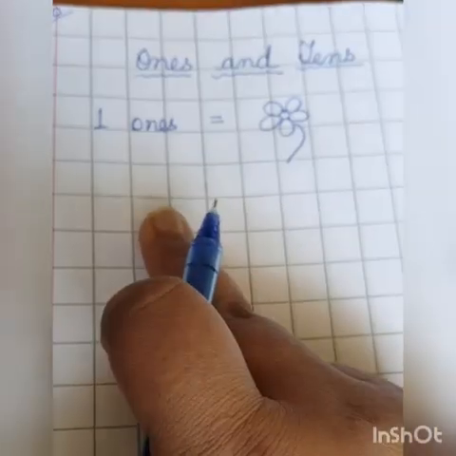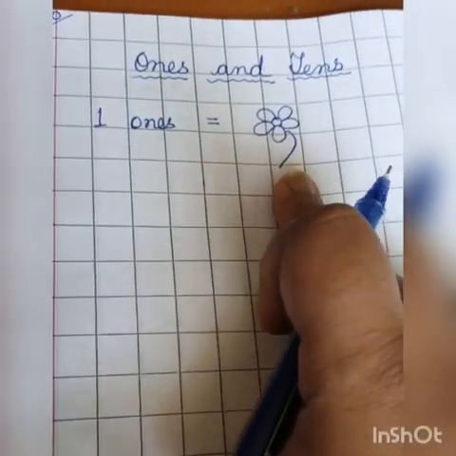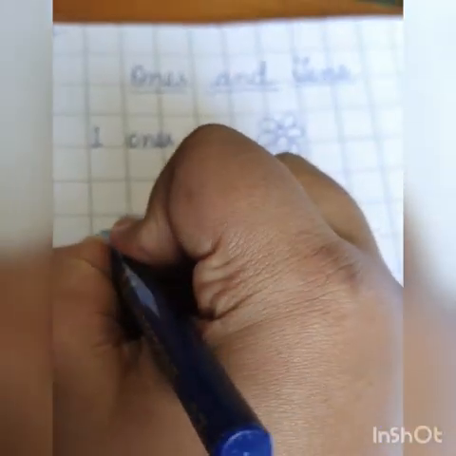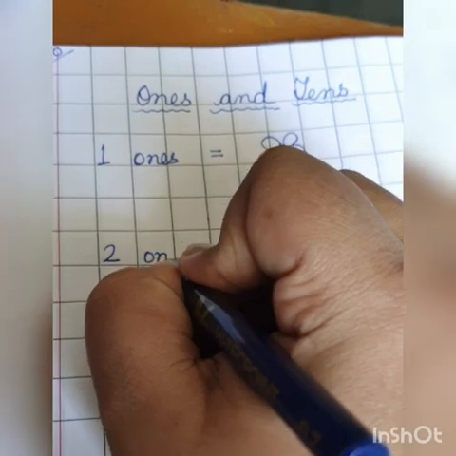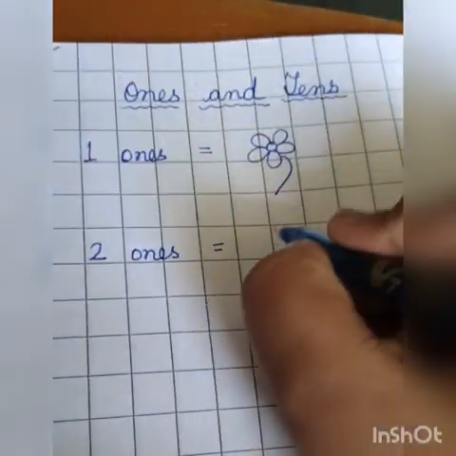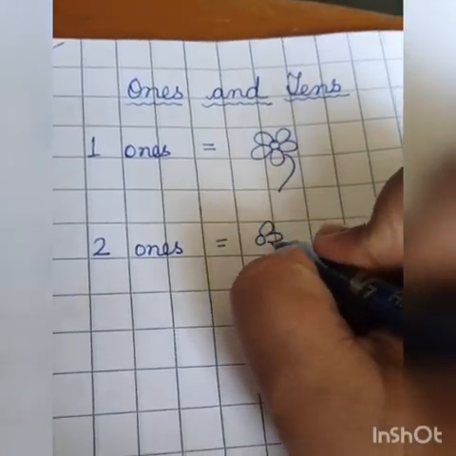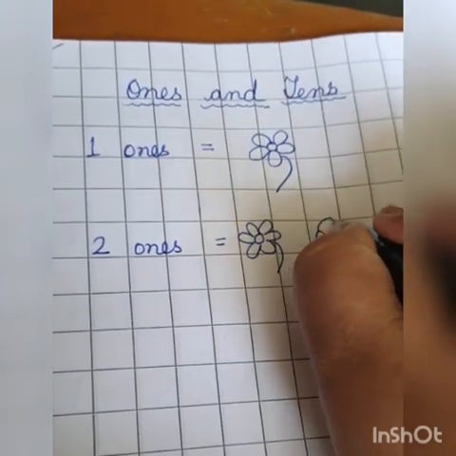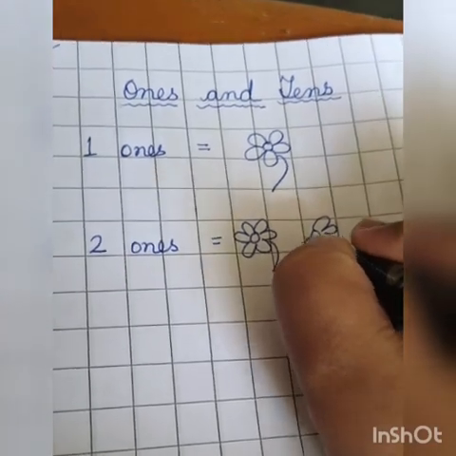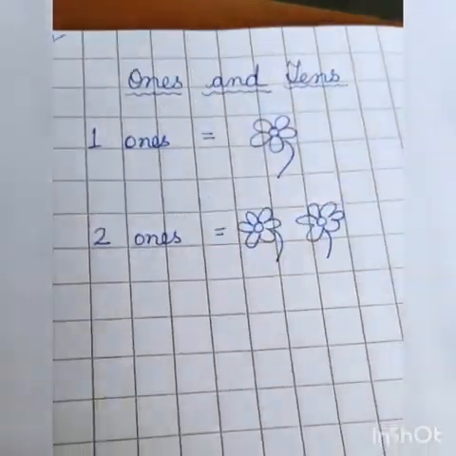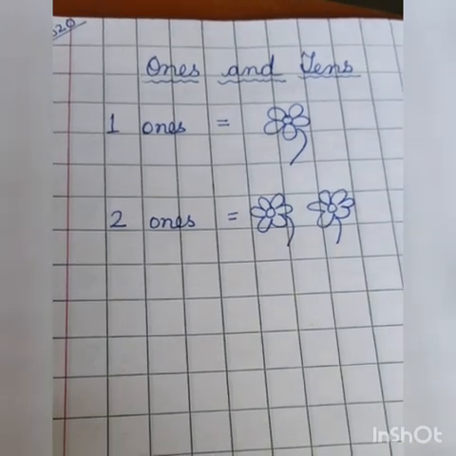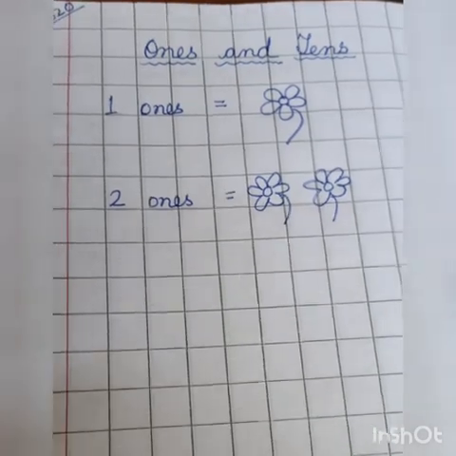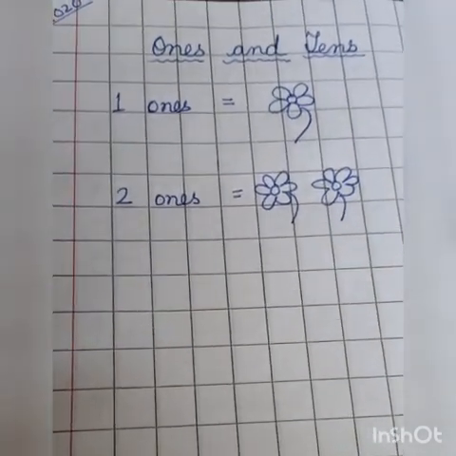Yes. Then I'll write two ones. Two ones is equal to two flowers. Can you draw flowers? Yes, two ones means two flowers. It can be anything. If you like ice cream, you can draw ice cream. If you like pencil, you can write pencil. If you like ball, you can write ball.